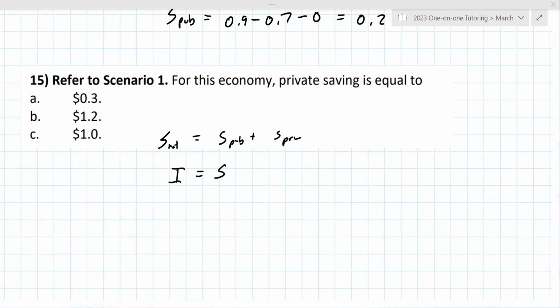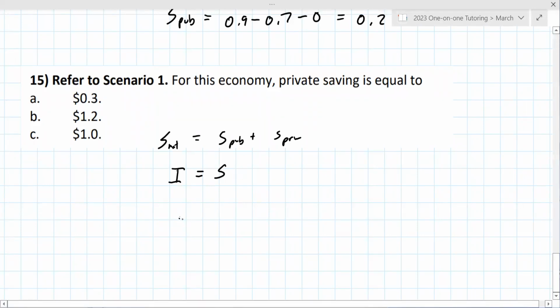Savings national is equal to I, which is equal to Y minus C minus G. Yes, I is Y minus C minus G. Where does GDP play in? Is that typically Y? GDP is Y. Okay, just making sure.